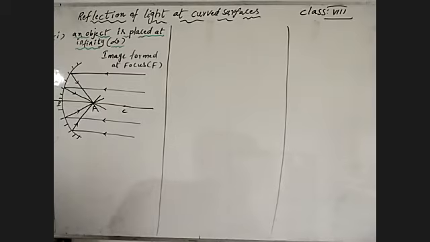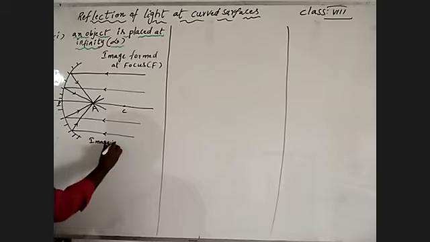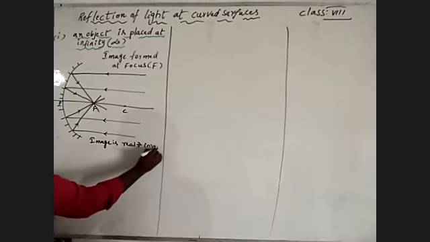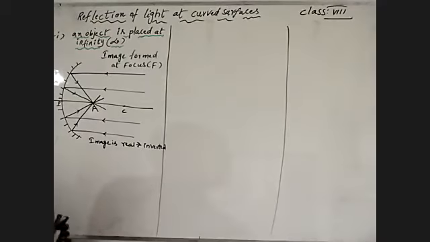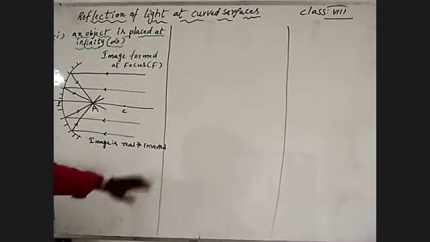What type of image is formed? The image is real and inverted. Understand? So observe carefully what I am saying to you. An object is placed at infinity, the image is formed at the focus, and it is real and inverted.